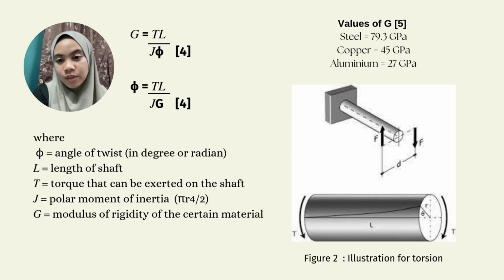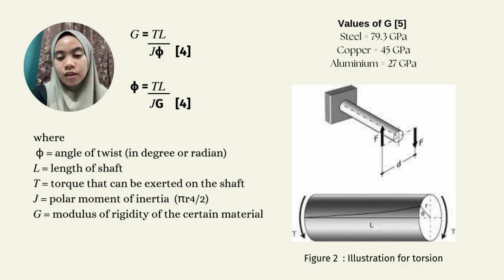Firstly, we have V, which is angle of twist, either in degree or radian. L for length of shaft. T, torque that can be exerted on the shaft. I will explain more about T in the next slide. J for polar moment of inertia.